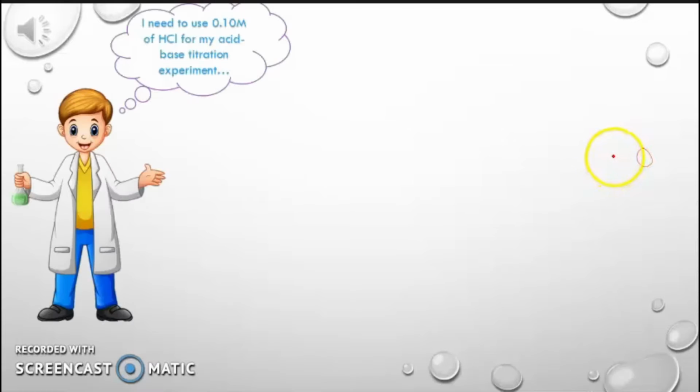Okay, let's talk about Alex's situation in the lab so that you can understand why dilution is important in performing any kind of experiment in the lab. Today, Alex has to perform an acid-base titration experiment using 0.1 molar of hydrochloric acid.